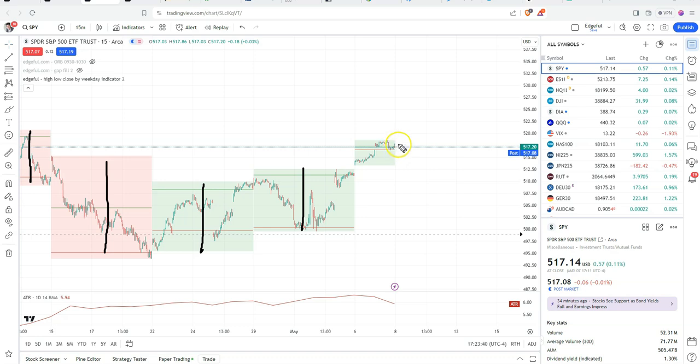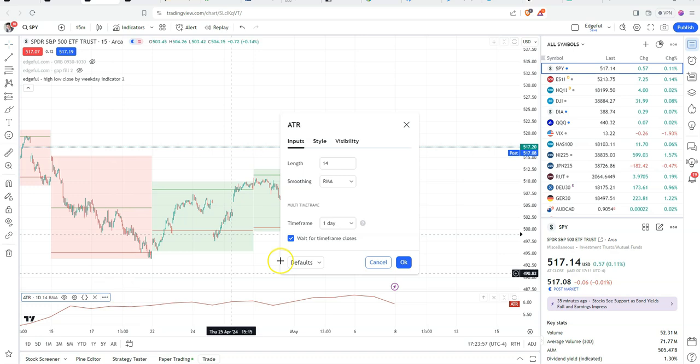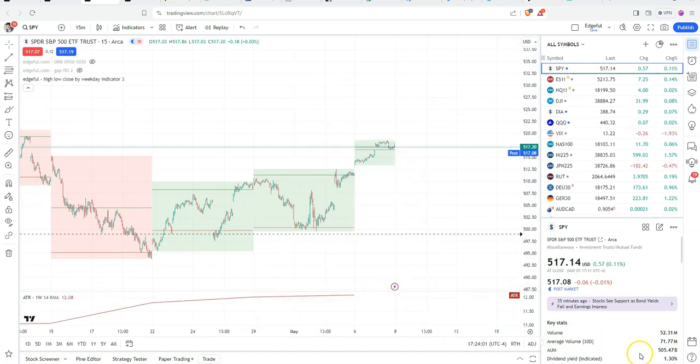If we have another up day Wednesday, I would look at any dips Wednesday, Thursday, Friday, to see if we can close at the high of the week. I'm always looking at the daily average. I know this is in the ATR indicator as well, but if I did the weekly average here, just to give me a frame of reference, we're looking at a $12 move on the SPY.